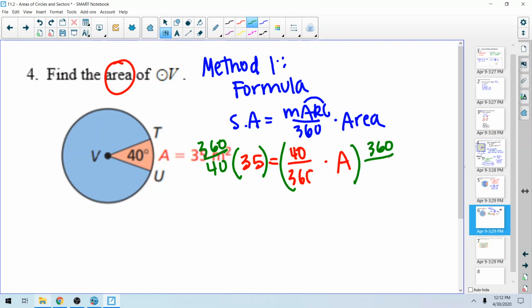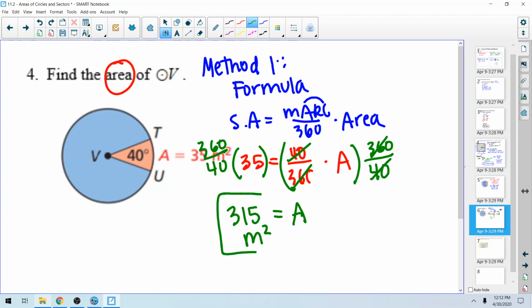Sorry. Okay, so on the left, control divide, 360 divided by 40 times 35 is 315. And then over on the right, those cancel, area equals 315 meters squared. Okay, that's method 1 using the formula.